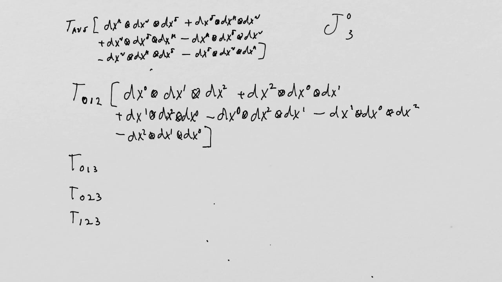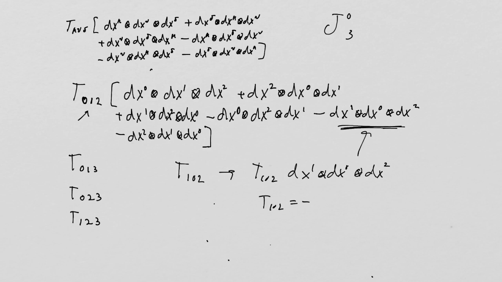And if I tried to do T_102, that's already accounted for, because the permutation 102 is right here. T_102, its matching basis vector is dx^1 tensor product dx^0 tensor product dx^2. But we've already got that. So we know that T_102 equals minus T_012, which we've already done.